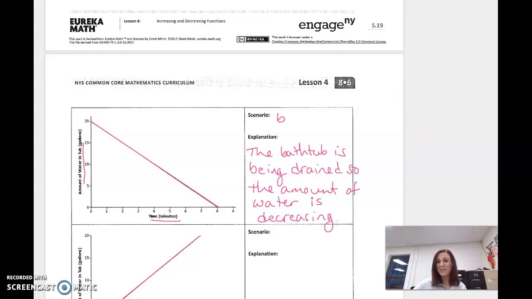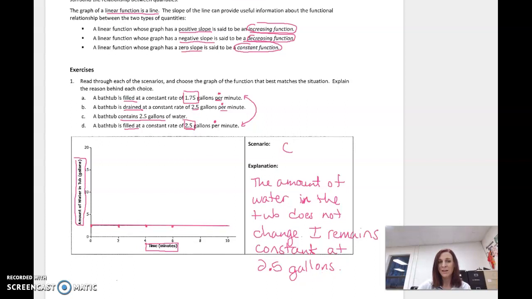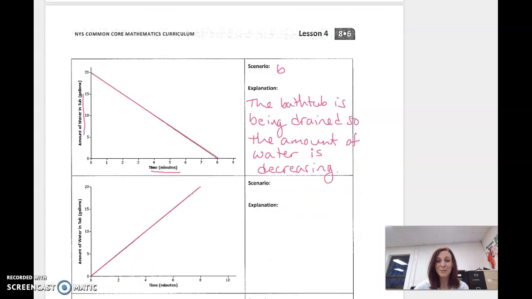So that just leaves us with our two A and D here that are being filled. The only difference between these two is this one is being filled at 1.75 gallons per minute and this one is at 2.5 gallons per minute. I want you to think when we were working on which person has the greater rate. Which line is steeper? The steeper line has the greater slope, okay? And that's going to come into play here.